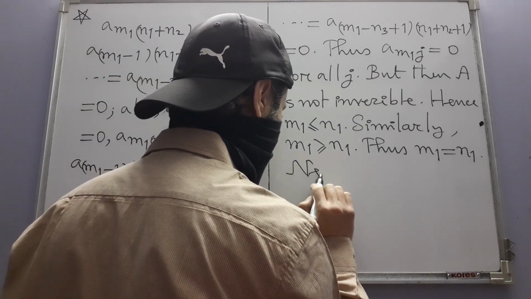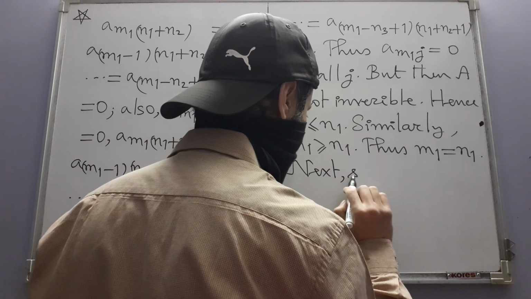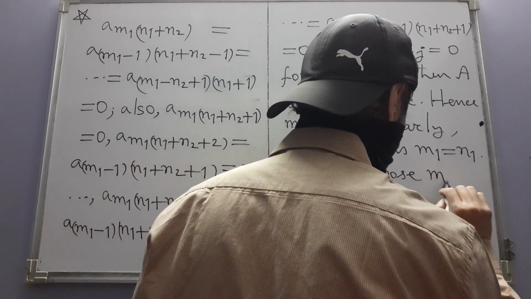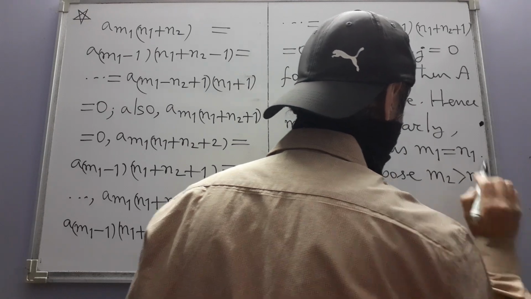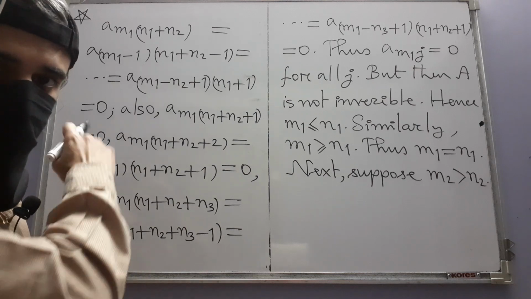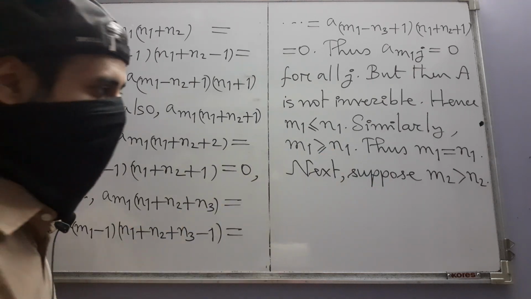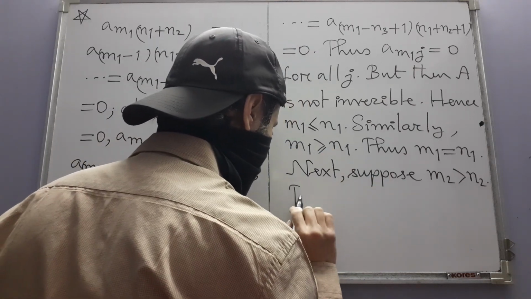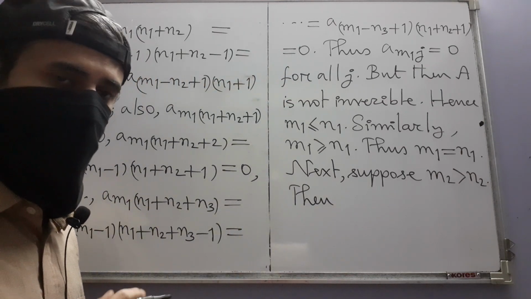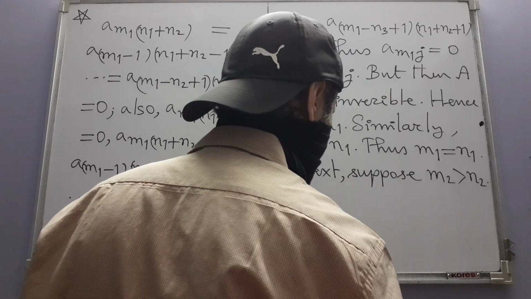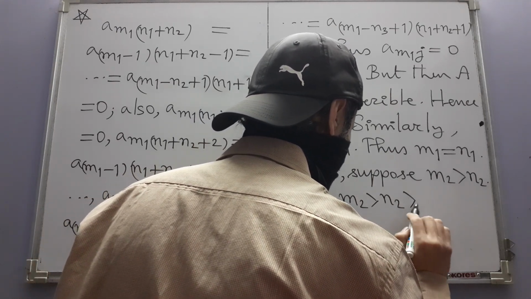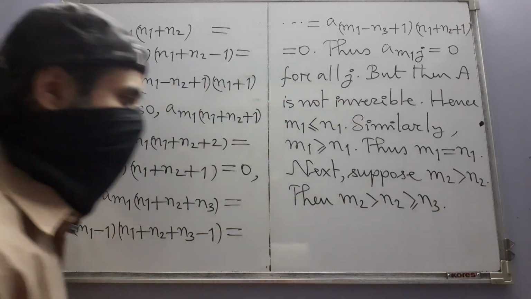Next, suppose m2 is greater than n2. Don't be afraid, we are not going to do all the things with this one as well. I will just tell you what to do and you do the rest. Then m2 is also greater than or equal to n3.